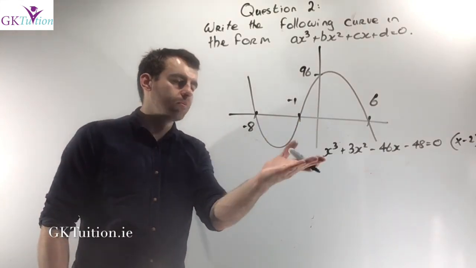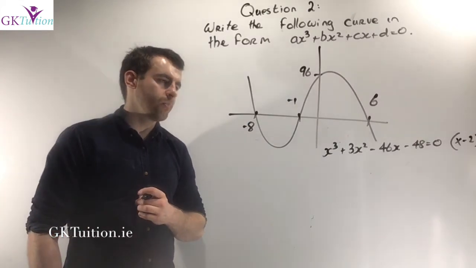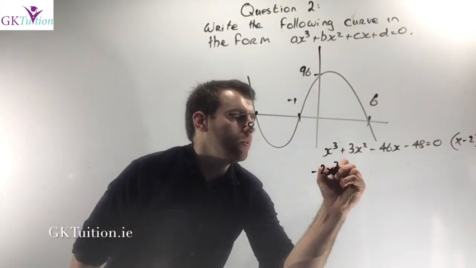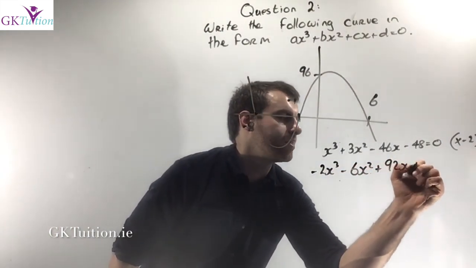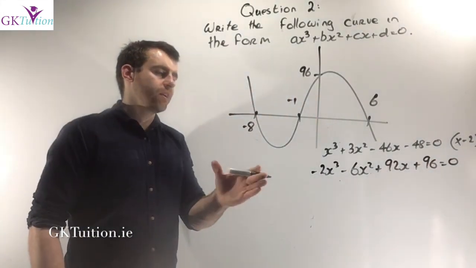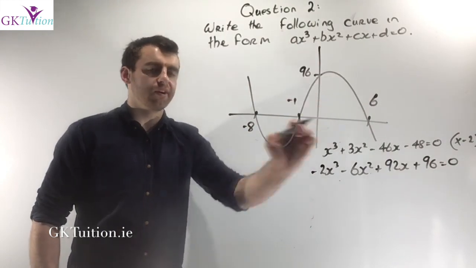That will solve the problem of the sign in front of the x cubed and also the y-intercept. So if I simply multiply everything by minus 2 now, I'm going to get minus 2x cubed minus 6x squared plus 92x plus 96 equals 0. And that's my final answer. This cubic describes what we see in our curve here.